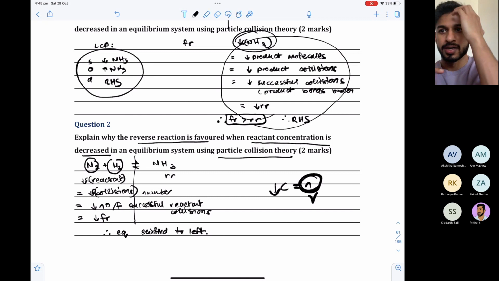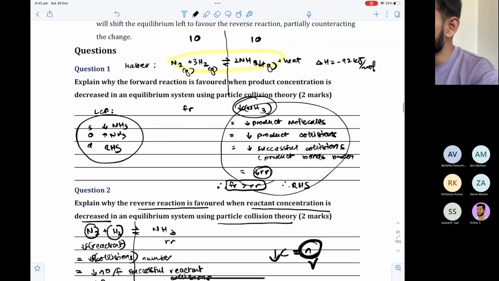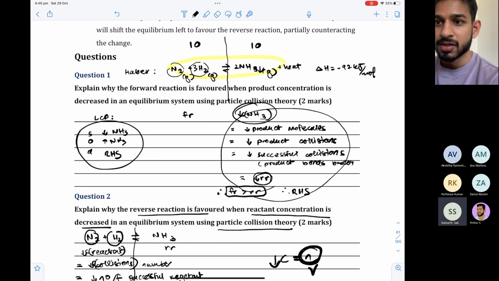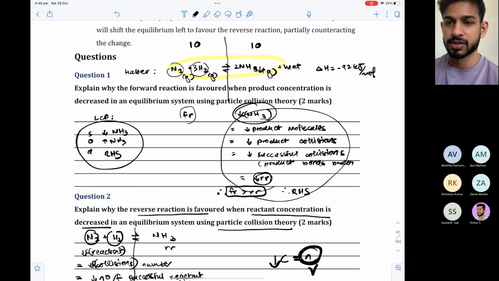Since the reverse reaction rate decreases, we're going to form less moles of nitrogen and hydrogen, right, Sid? Yeah. So eventually the forward reaction will come down a little bit as well, and they'll meet each other. But what I'm saying is initially the forward reaction rate will be unchanged when I change that stimulus.